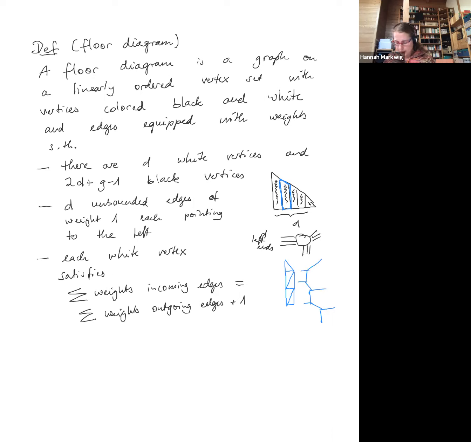Yeah, and the adjacent elevators have some weights corresponding to the lattice length of those edges here, whatever that weight really is, yeah? But you see that we have one more here, one more that comes in, then everybody that goes out again, yeah? And that's precisely this condition here.